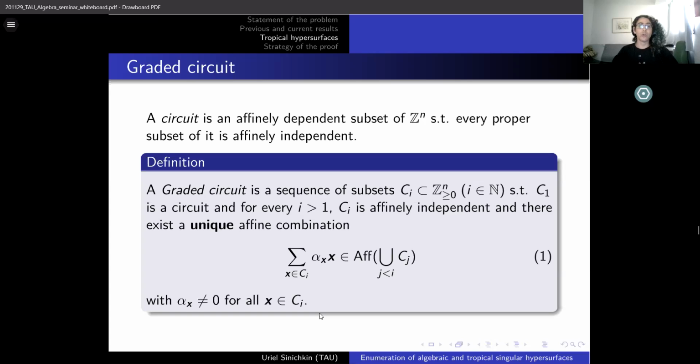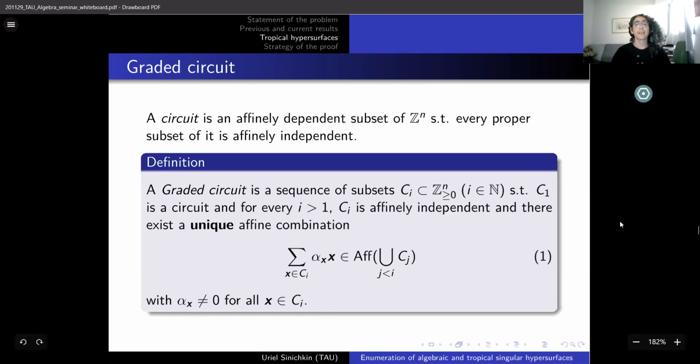And this is, I think, an intuitive definition following the lemma. And I view this definition as my main contribution, although it's quite immediate. The lemma, although it wasn't written down as it is, was known, but this definition and the focus on looking at graded circuits helped me a lot in the work.